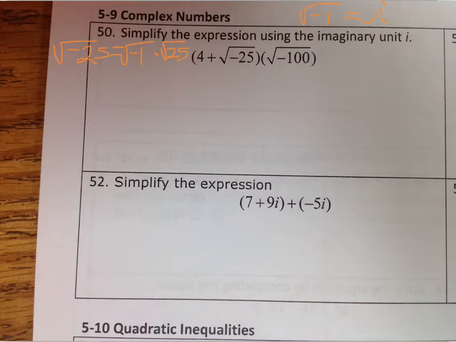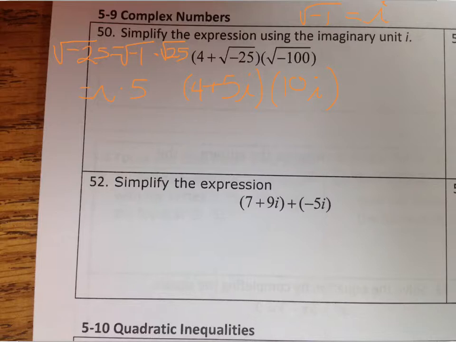So that means the square root of negative 1 is i. The square root of 25 is 5. So it is 4 plus 5i. And then the square root of negative 100 is going to be 10i. Because the square root of 100 is 10, and then the negative makes that an i. i stands for imaginary numbers.